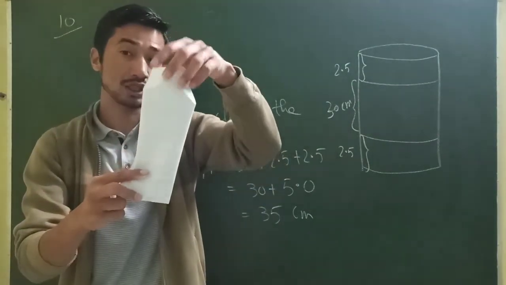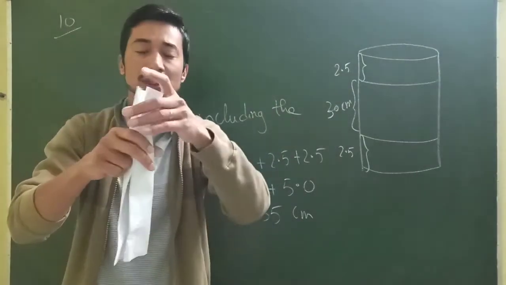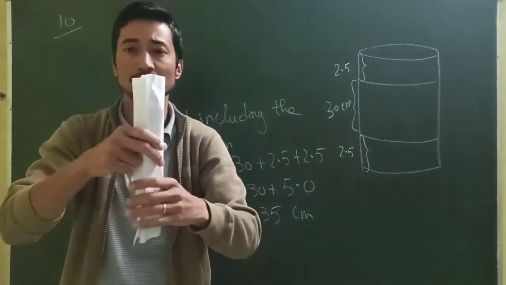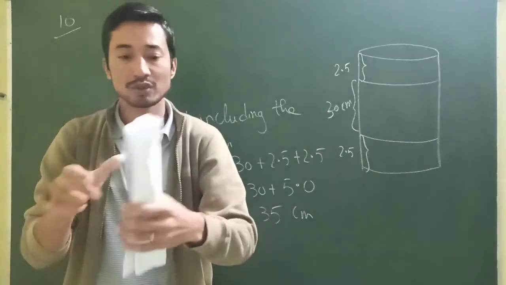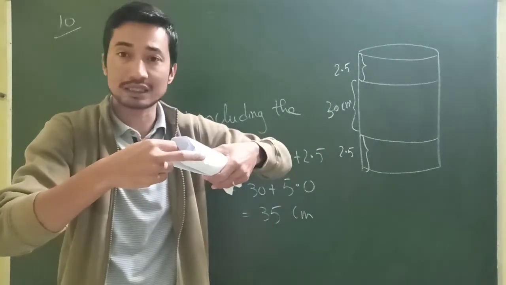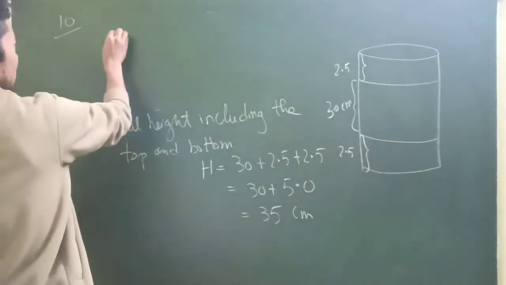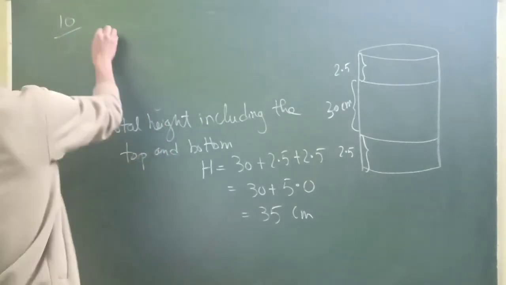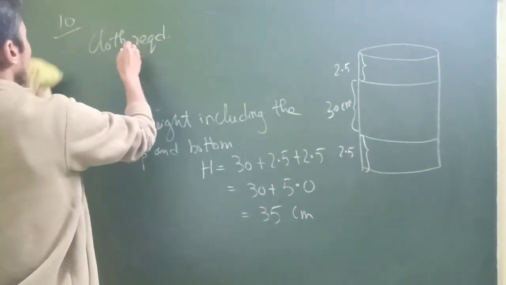But I'm doing it by assuming this to be the full length, so I'm not leaving this portion out, just the total full length. So it acts as a cylinder and curved surface, because this portion is actually not folded yet. So I'm approaching a different view here. So in that case, it's just going to be the area of cloth required.